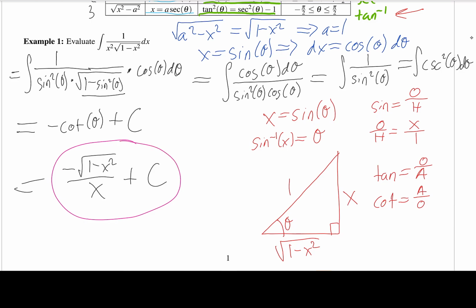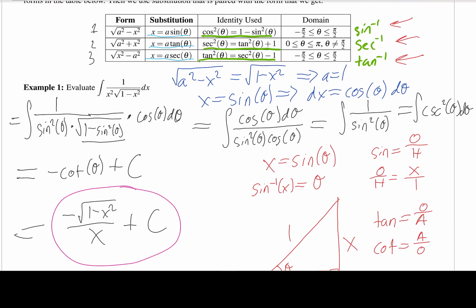Alright, so to quickly outline the steps for this, you figure out what form it is, figure out a, make your substitution, find dx. Now once you have all of that, then we substitute everything into our integral. From there, we try to simplify things as much as possible. So we use a trig identity right here.